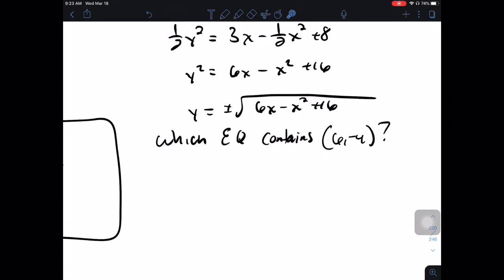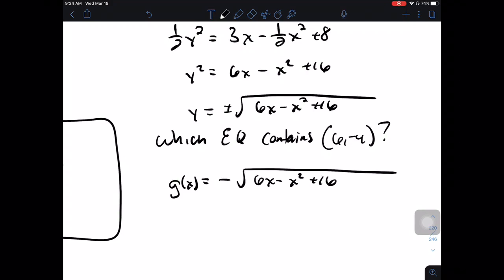Well, notice this y value is negative. For this y value to be negative, we got to choose the negative one. So our particular solution is g of x equals negative square root of 6x minus x squared plus 16.